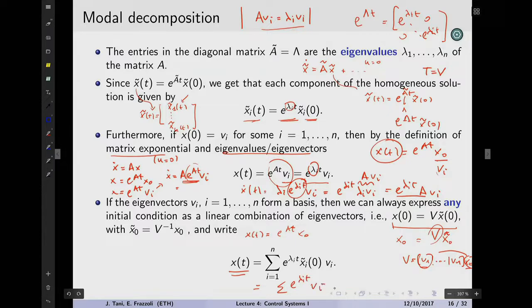And basically, the only thing that really changes is this x tilde 0.